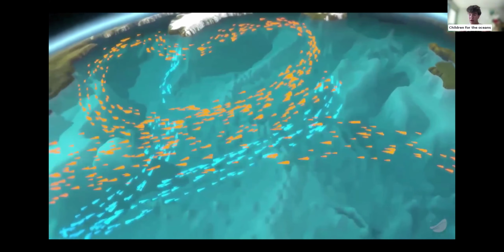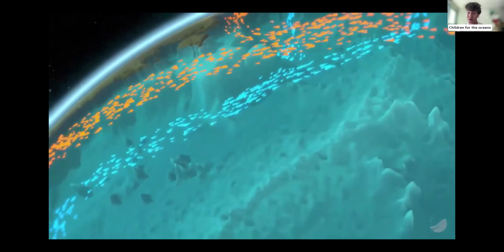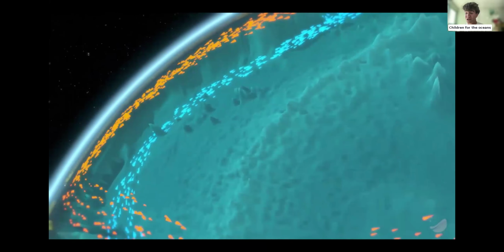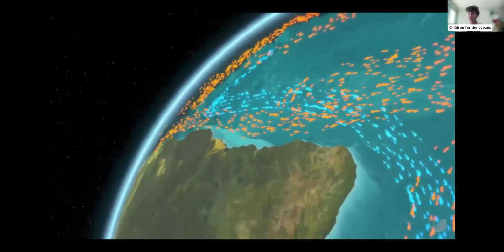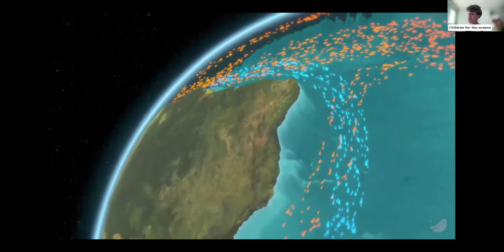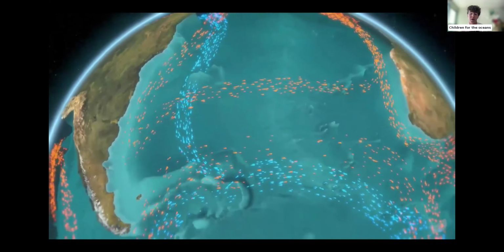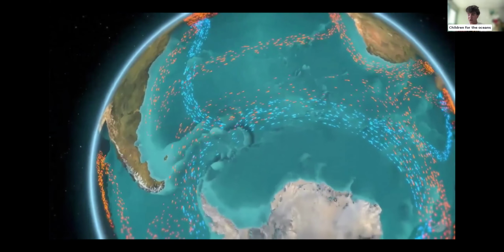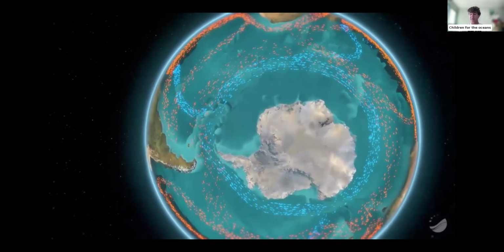And here this animation is actually key. It's not only showing the world currents, it's key to show that first of all there are no real borders within the ocean, and what happens in one region actually can have consequences elsewhere, because water masses, heat, nutrients, animals, and pollution move across the planet.